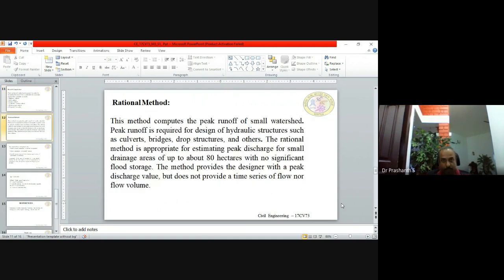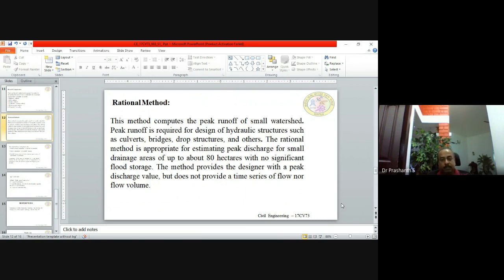Let us see what the rational method is. The rational method computes the peak runoff. Keep it in mind, it computes the peak runoff of small watersheds. Peak runoff is required for design of hydraulic structures such as culverts, bridges, drop structures, and others.